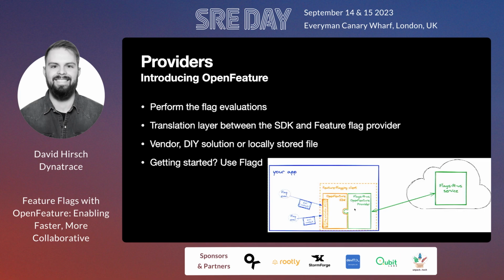The other option I put down here: you don't want to have a DIY solution, you don't want to use a vendor, you're really new with feature flags. Use flagd. What is flagd? It's our open source implementation. Initially it was just a reference, something we used to have an end-to-end project.